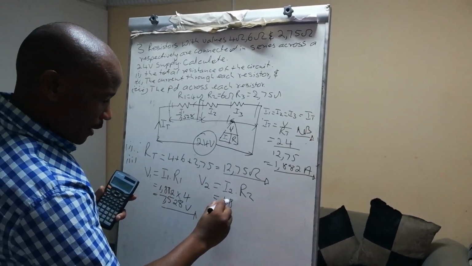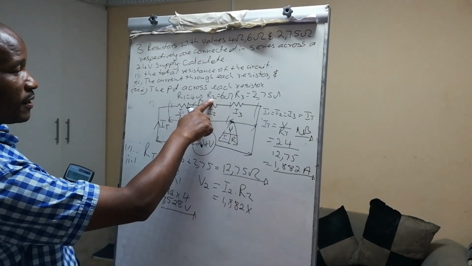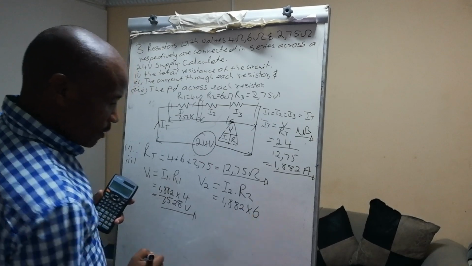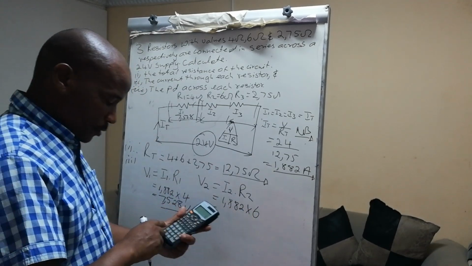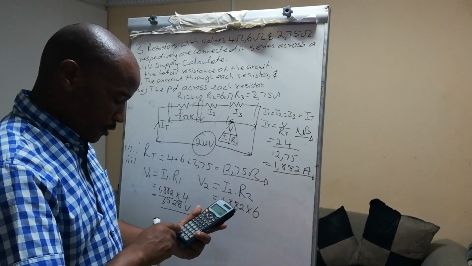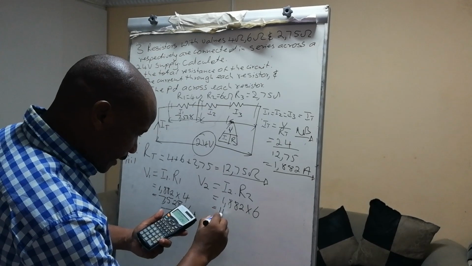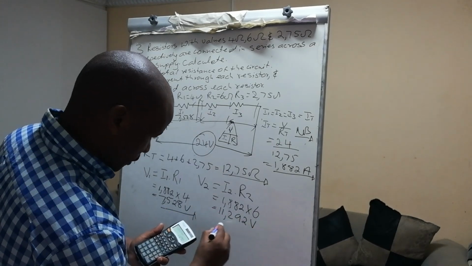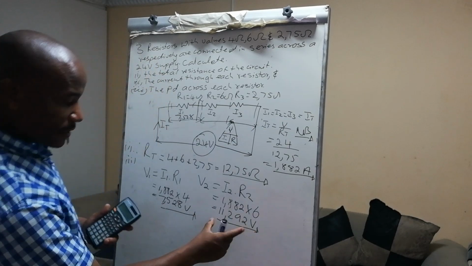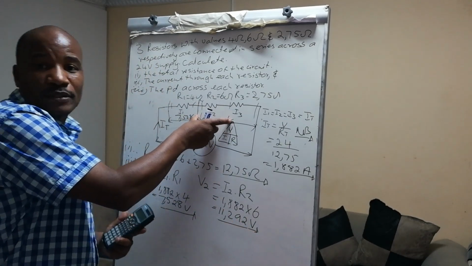It's 1.882 multiplied by the resistance of the second resistor, which is 6. And it's equal to what? It's 1.882 multiplied by 6. And it's equal to what? 11.292 volts. This 11.292 volts, it is the voltage drop there.